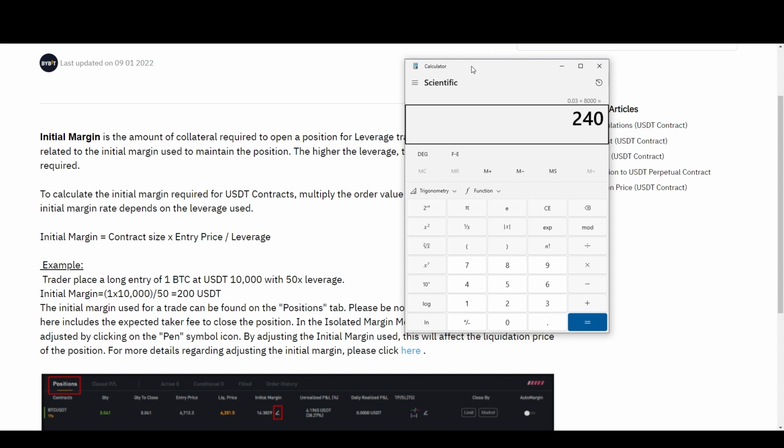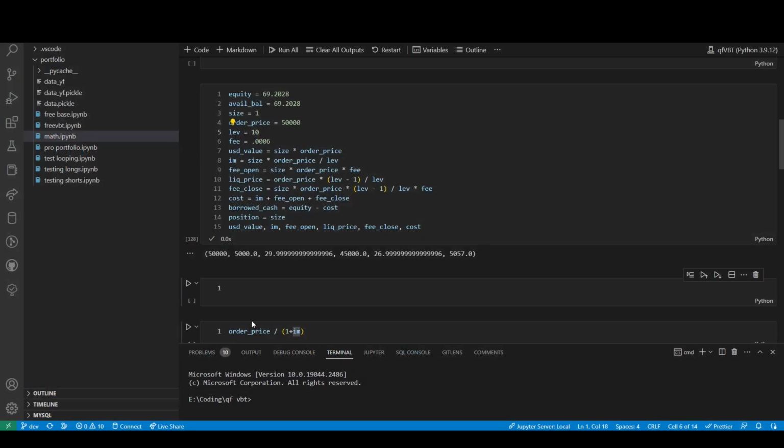Let's see if we can come up with the same initial margin. To calculate the initial margin, take the contract quantity divided by order price times leverage. The initial margin rate depends on the leverage used. Assume you're using 100x leverage, you only invest 1 BTC as your initial margin.